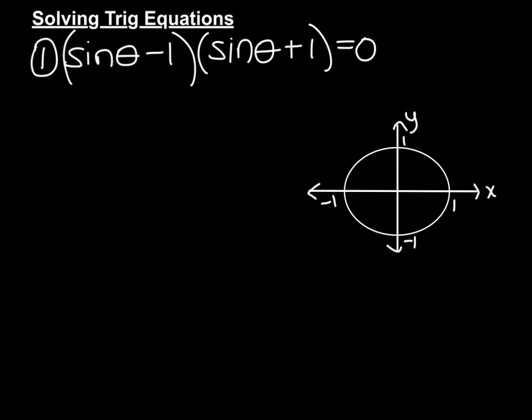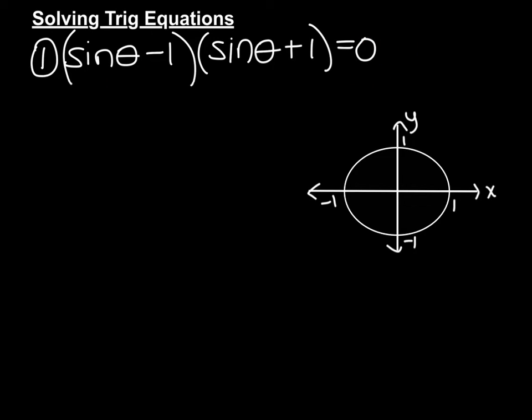When solving trig equations, we want to simplify as much as possible and get the trig function by itself before we solve. So here we have a binomial times a binomial. So what I'm going to do is simplify this. Now whether you were to FOIL this out and then simplify from there by solving, getting sine by itself, taking the square root of both sides, you'd still wind up getting the same answer. This right now is factored and it's equal to 0.